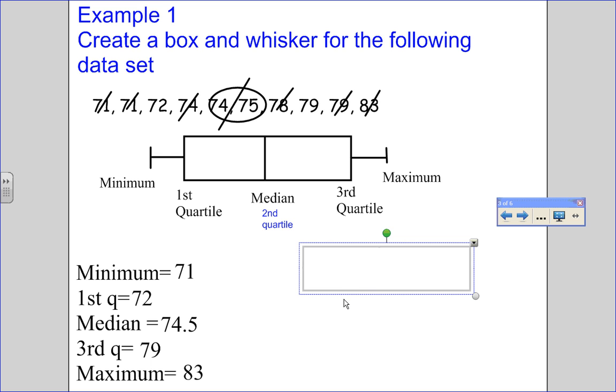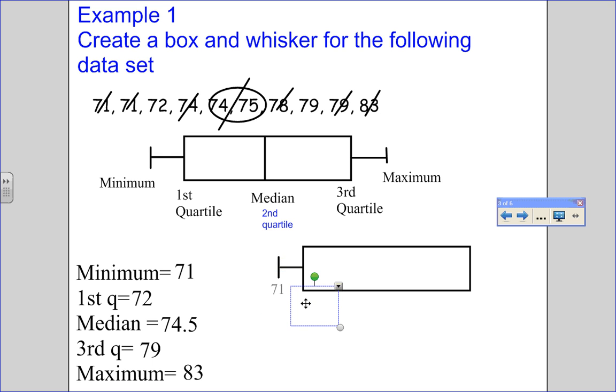So our box and whisker plot is going to look something like this. So we got our minimum here, our first quartile is here, our median, our third quartile, and our maximum.